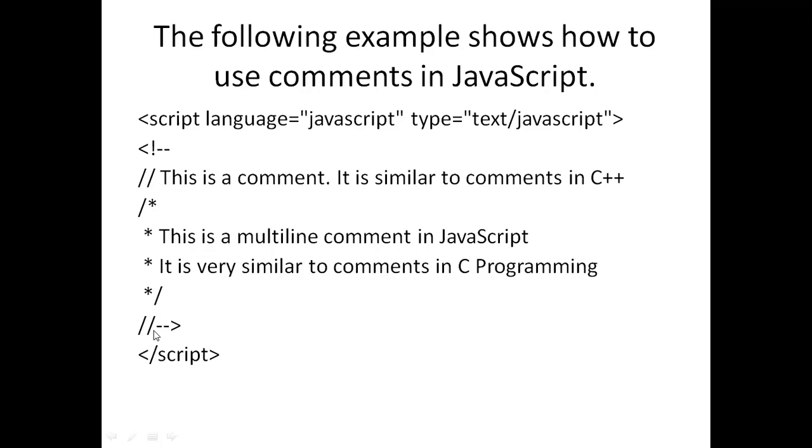And this is the symbol that closes your comment. Look at this last line, double slash dash dash, which closes the comments. So this is an example of how to write comments in JavaScript.